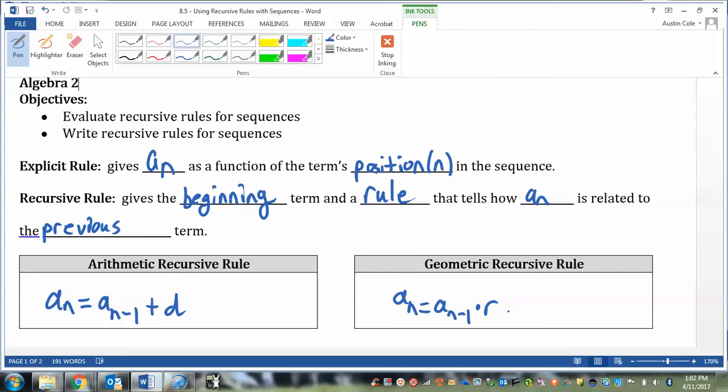Okay, so explicit has been what we've been doing. We've always referred back to the position the term is in the sequence or the series. Well, with recursive, now we're not talking about the position, but we're just concerned with the term before it.